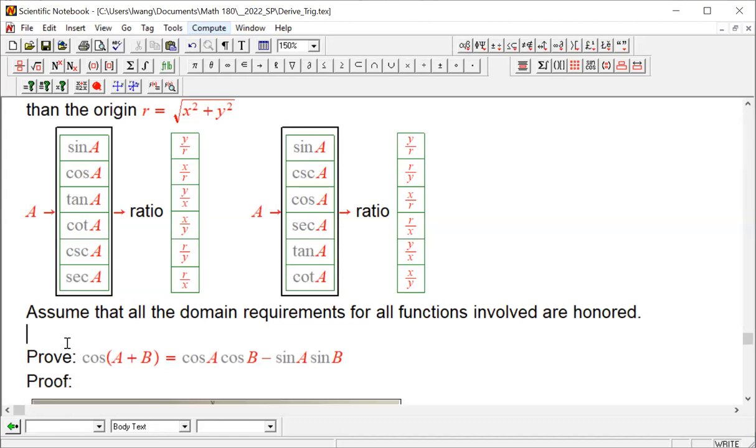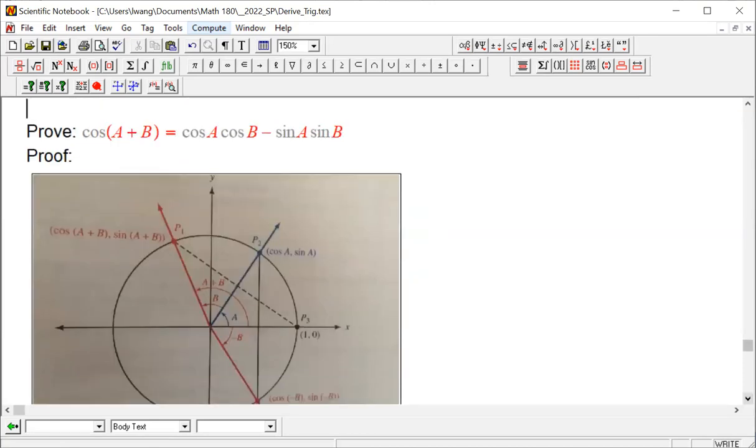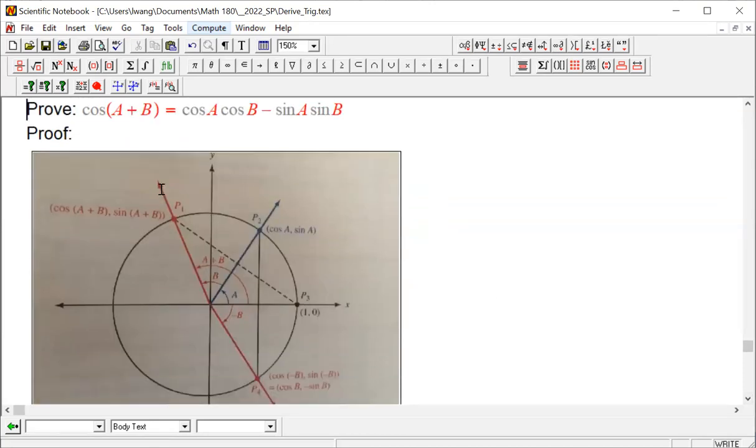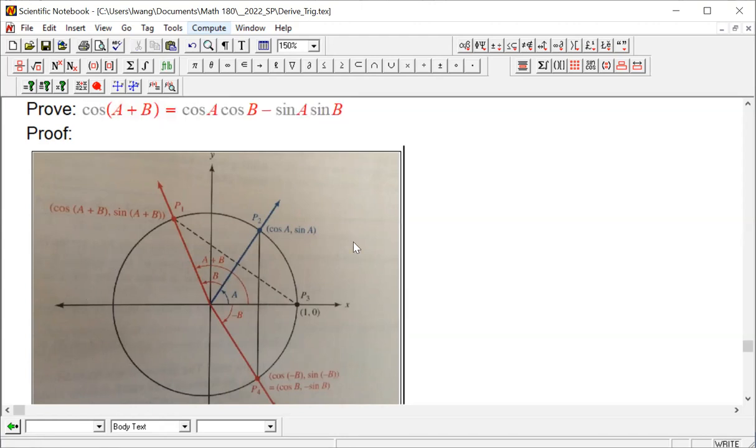The proof is in geometry, but it's also done on the unit circle. So here's the picture. We are to prove this identity. On the unit circle, we have the origin, which is of course O. It's not marked because we don't really need it.